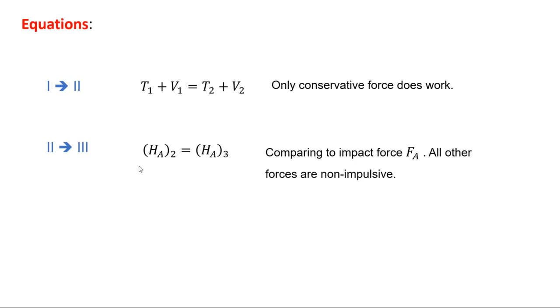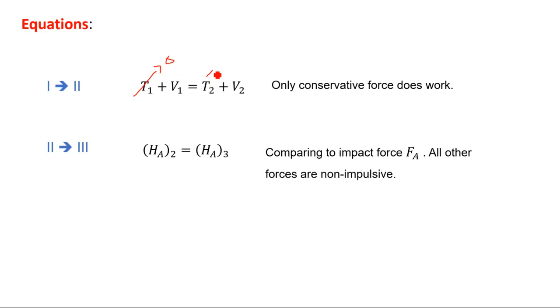So between state 1 and state 2, we're going to use only conservative forces. Which one works? Well, it's going to be the weight. So the T1 plus the V1 is equal to the T2 plus the V2. You remember that the T is equal to half of the IB omega square. That means the T1 definitely will be equal to 0 because the omega 1 is equal to 0.